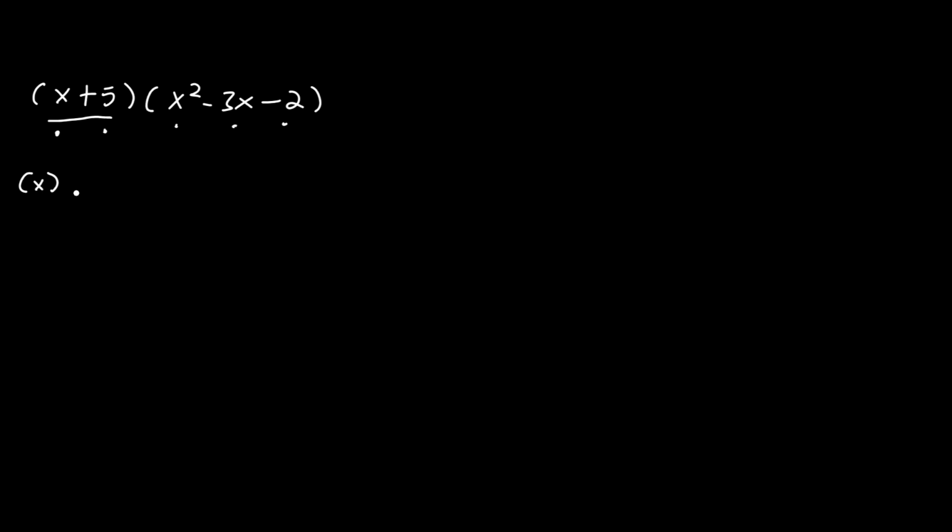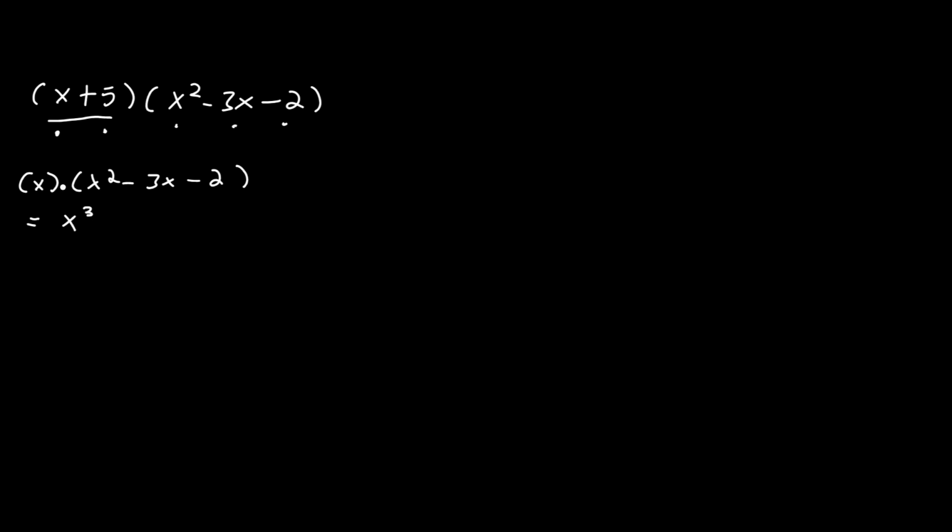So I will write x here and let's rewrite this trinomial over here. Now let's multiply x to each term. So x times x squared is x to the third power.